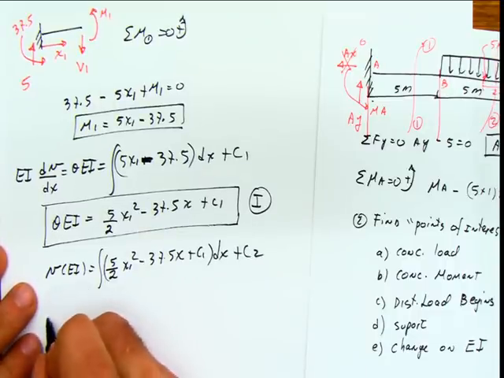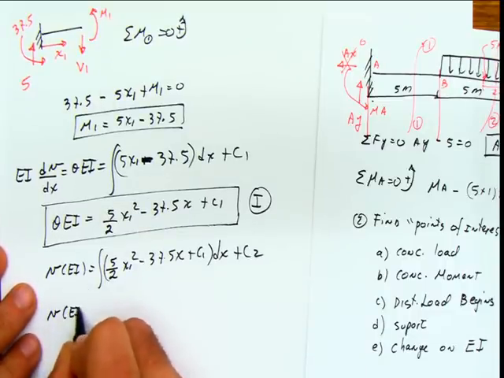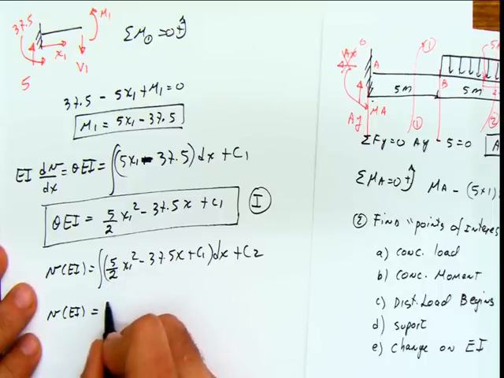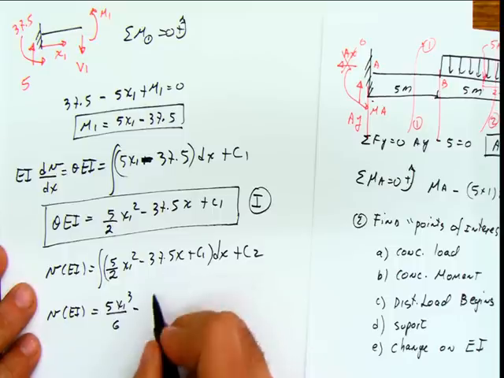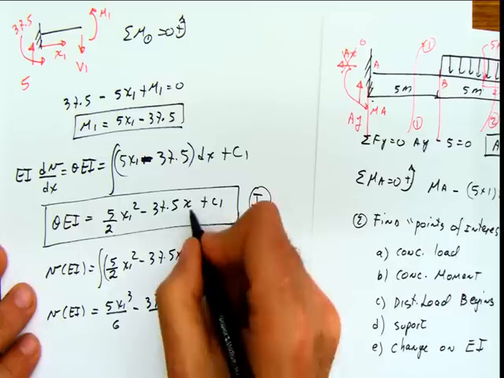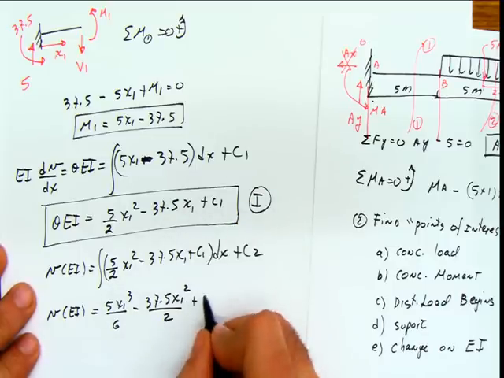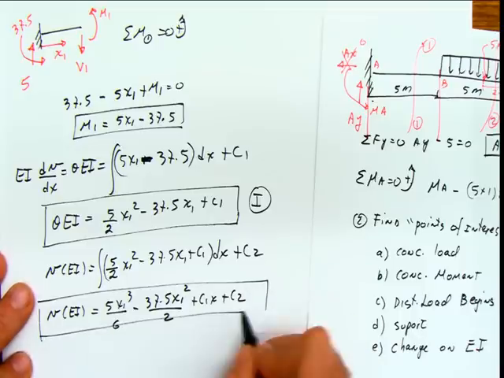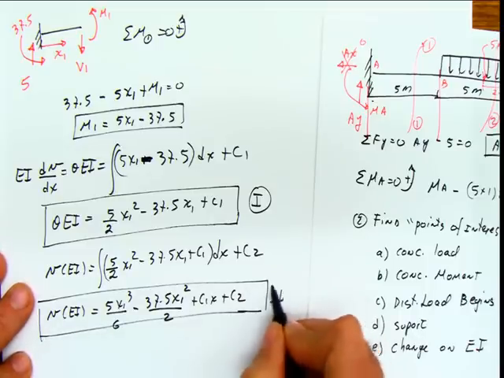When I do that, my v is going to be 5 x cubed divided by 6 minus 37.5 x1 squared divided by 2 plus c1x plus c2, and this is going to be my equation number 2.